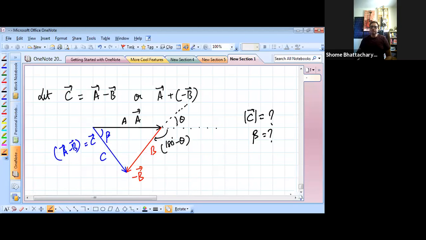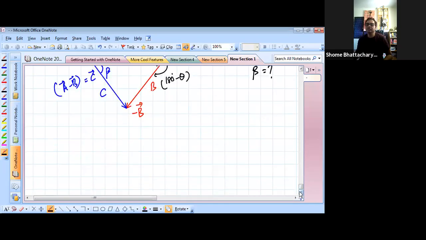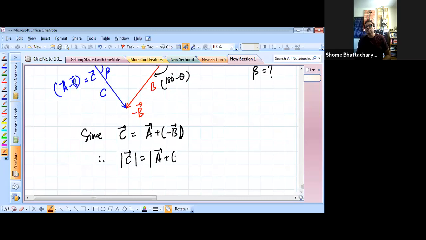So now we use the statement of triangle law only, but the only difference is the two vectors we are adding, their magnitudes are A and B, but the angle between them is how much? 180 minus theta. So using triangle law, since C is equal to A plus of the vector minus B, therefore mod of C is magnitude of the resultant of these two vectors.